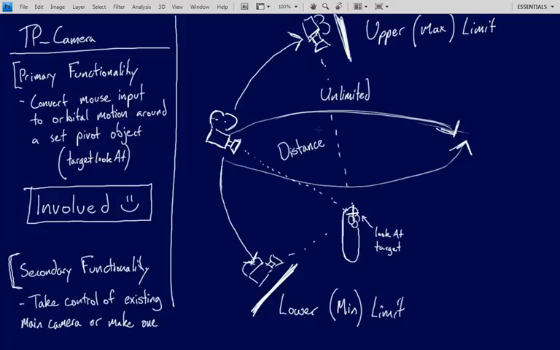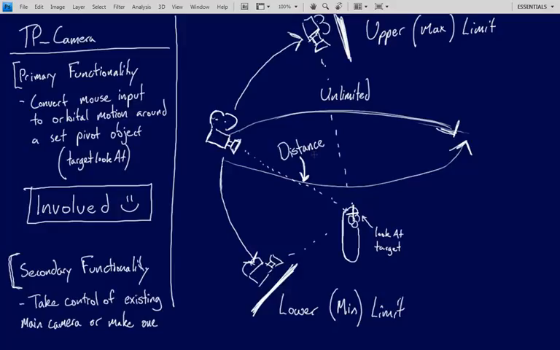Same thing with our camera. We're going to have a distance from our look at target to our camera, and our camera is always going to move around an orbit that is that distance. Right. You can think of that distance as kind of being the radius. Right. After a fashion. And we're able to adjust that in this system.